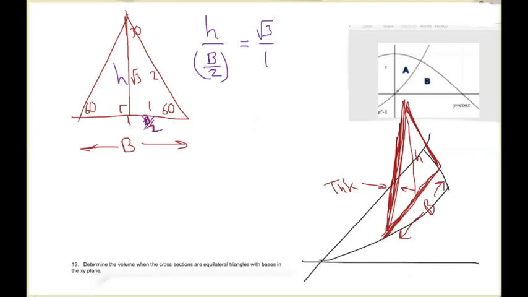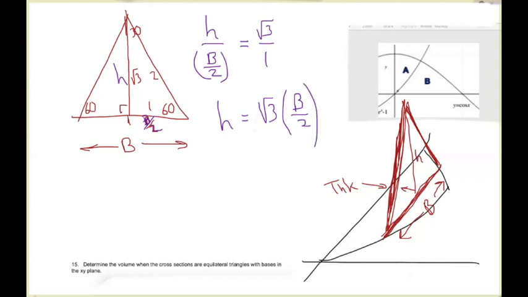Yeah. So our height of this thing, sorry, I'm having a geometry moment here. Our height is equal to square root of 3 times whatever the base is over 2. So there's our height.